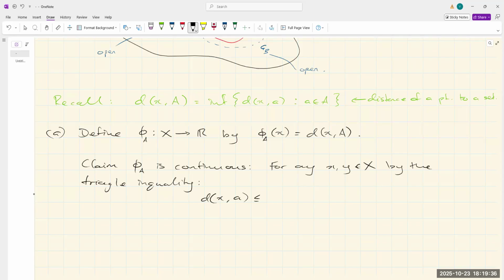So instead of going from x to a, I'm going from x to y, and then from y to a. Okay, and this is true for any element of A. Okay, so this is just the triangle inequality.